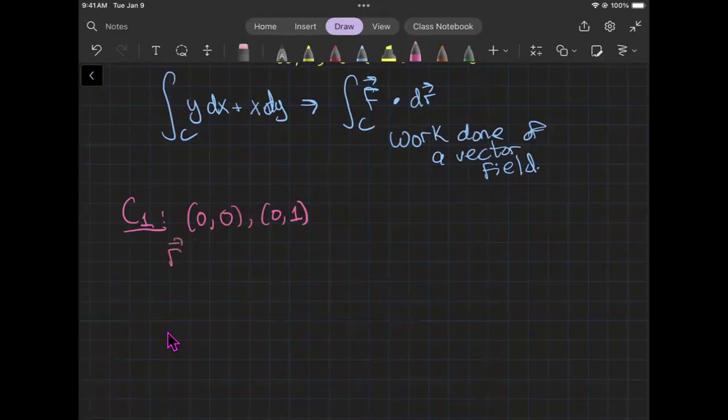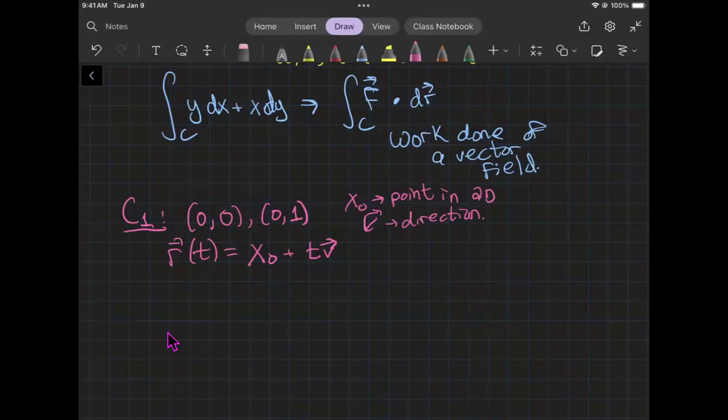Now, back in past videos, we looked at this in the complex numbers. So really a parameterization of a line segment is x0 plus t times v, right? X0 is a point in 2D, and v is the direction vector. To get the direction vector, you just take the final point where it ends minus the initial point where it starts.